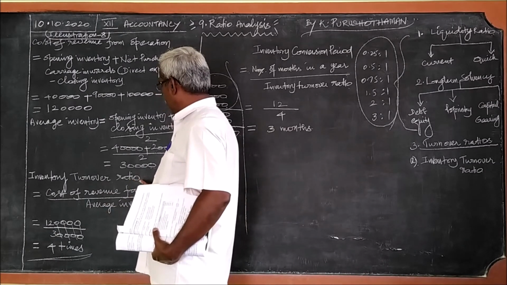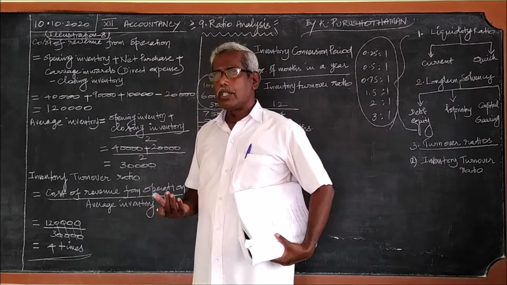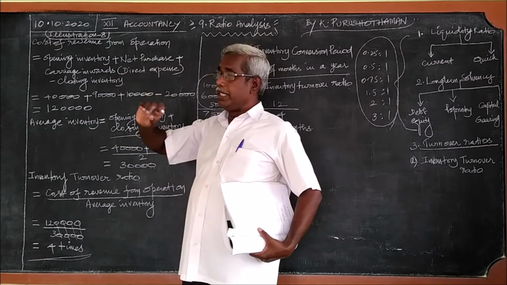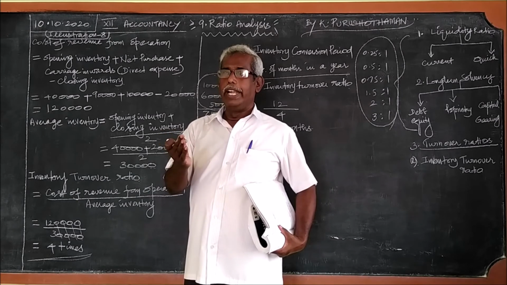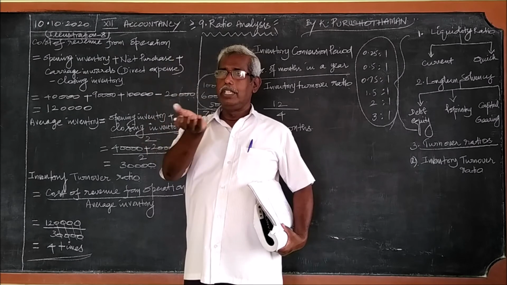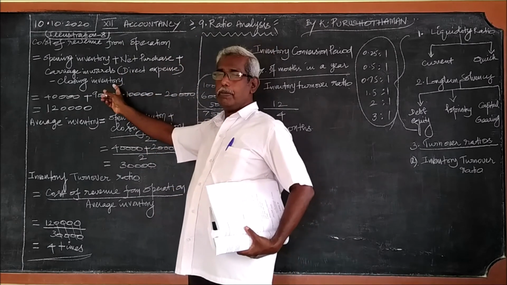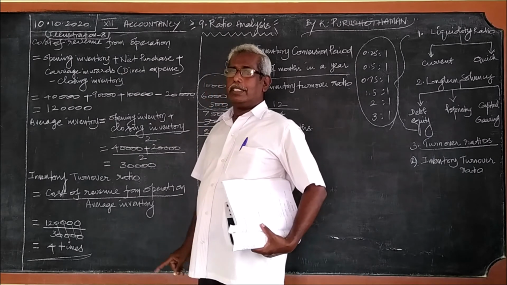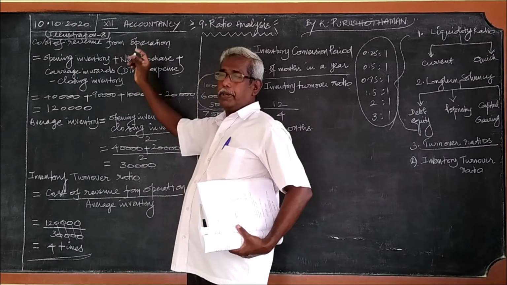Then what about the numerator? What is cost of revenue from operation? Cost of revenue from operation means opening inventory, purchases and carriage inwards, otherwise direct expenses. These three should be added together and the closing inventory should be deducted. And this answer gives the cost of revenue from operation.